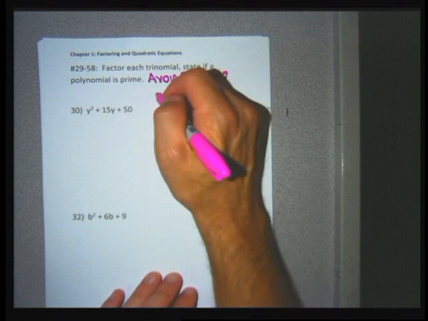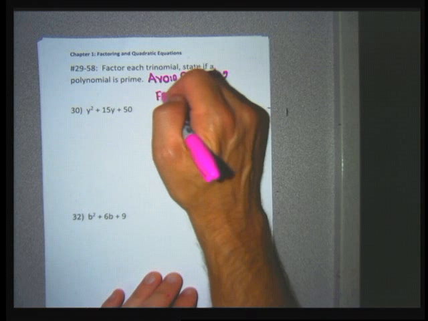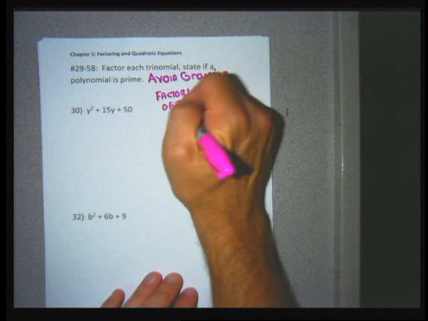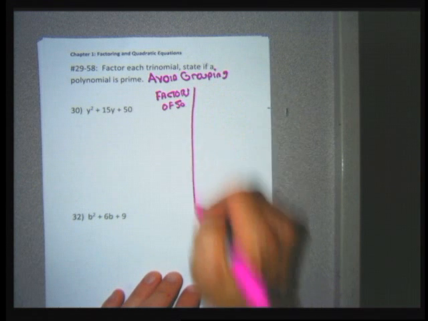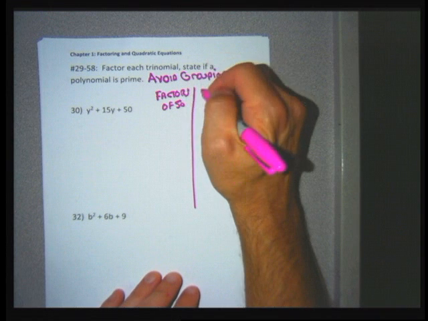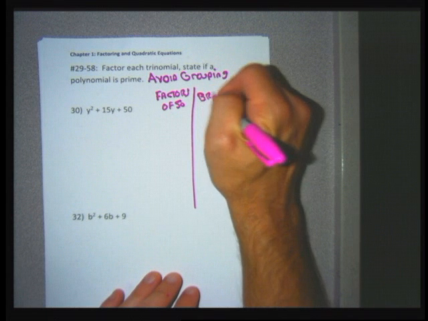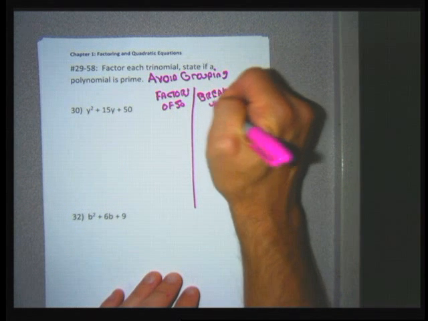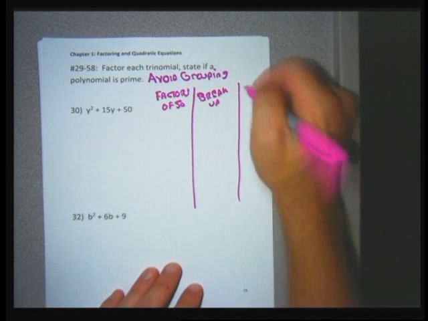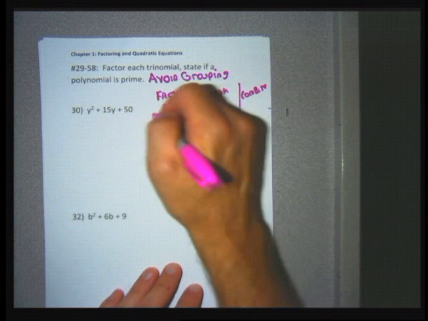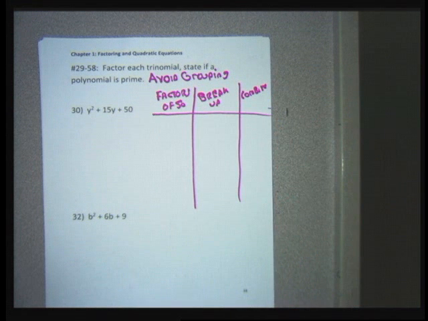So I'm still going to make a table, but it's going to be a table without letters in it. I don't use a table when I factor, so I'm trying to write things up top that will make sense.